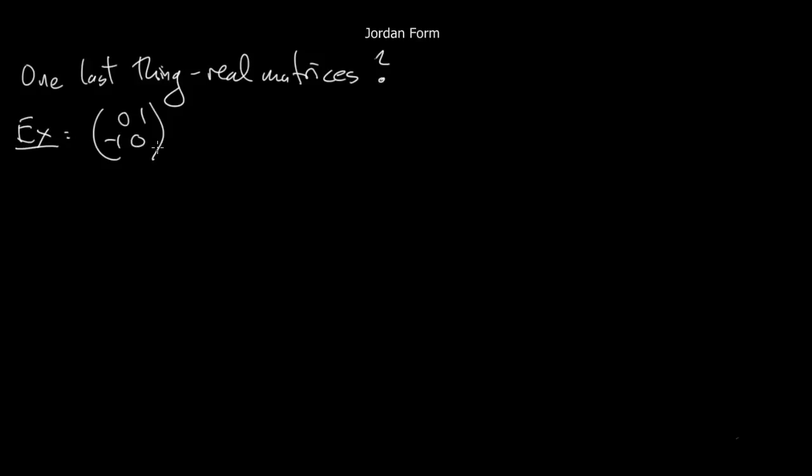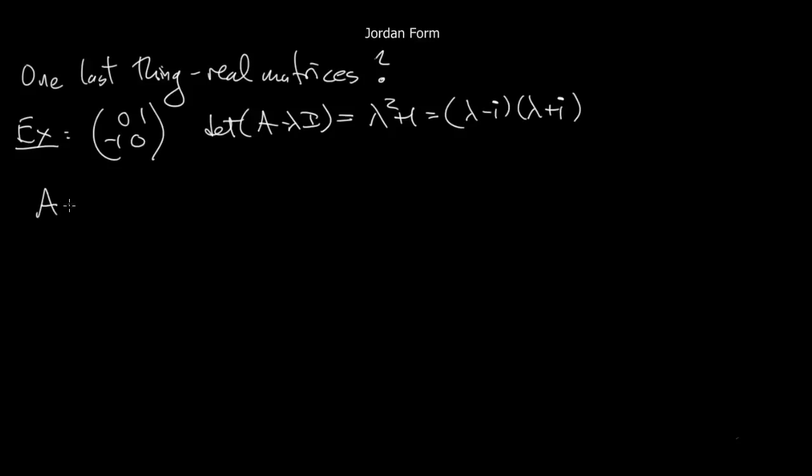Take this matrix here, then, of course, the characteristic polynomial is lambda squared plus 1, and this has the roots i and minus i, and so in order to put this into Jordan form, you have to think of it as a complex matrix, and then you can diagonalize it using complex matrices.